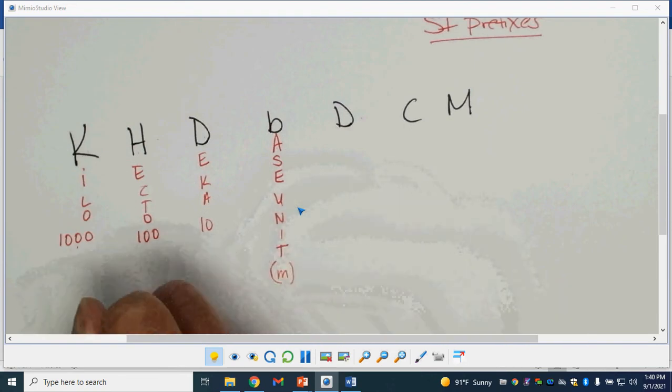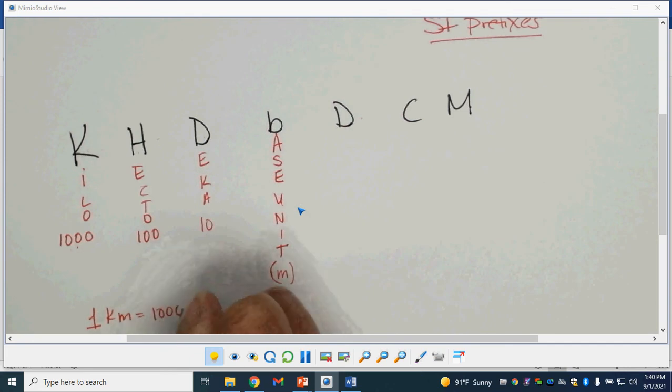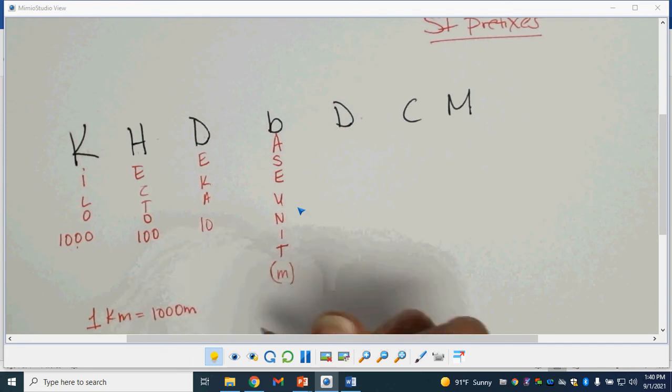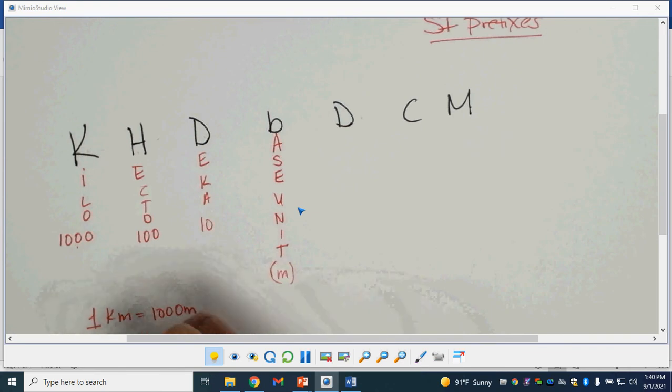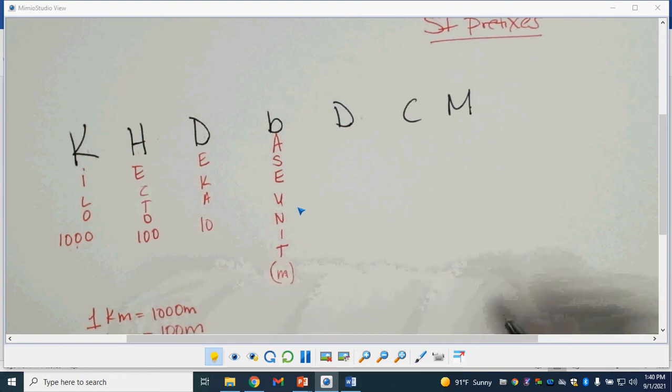If I have 1 kilometer, I'm going to have 1,000 meters. So I need many of these to make up one of these. If I have 1 hectometer, then I'm going to have 100 meters. If I have 1 decameter, DA is the prefix, I'm going to have 10 meters.